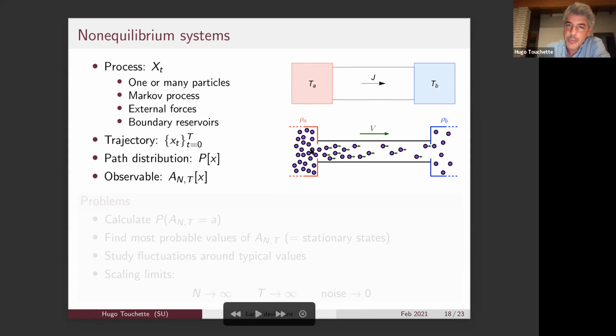But the microscopic picture is that you have little particles actually moving from one side to another. So here the observable could be the number of particles crossing a certain cross section over time. That will be physically proportional to the total current that you have over time. So this will depend on the number of particles you have, but also on the observation time over which you do the observation.